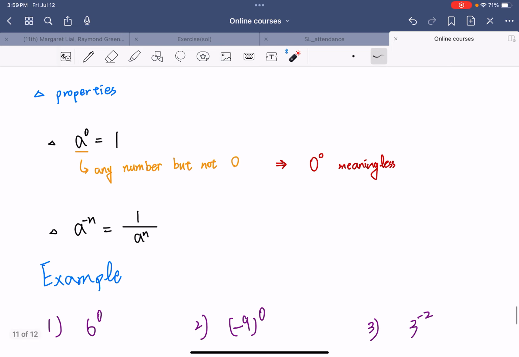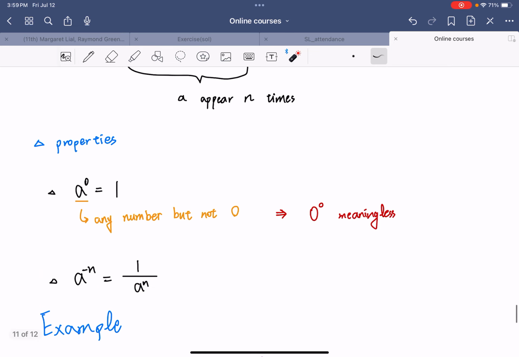And then next we're going to look at a with power of minus n. So if your exponent is a negative figure, then what you do is move the base with its positive exponent to the denominator.